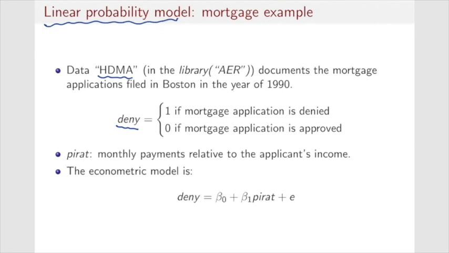The independent variable is the PI ratio. It is the size of the anticipated monthly payments relative to the applicant's income. Then it's quite straightforward to translate the relationship between the PI ratio and the mortgage denial decisions into this simple linear regression model.